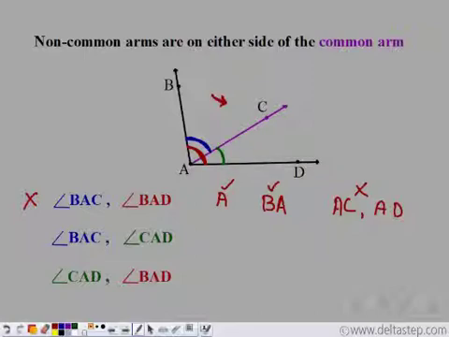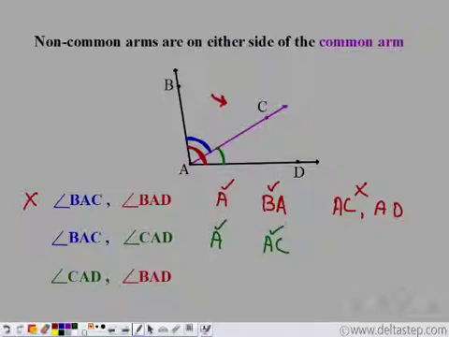Angle BAC has vertex A. Angle CAD also has vertex A. So the first condition is satisfied. Angle BAC and CAD have a common arm, which is AC. So the second condition is satisfied.